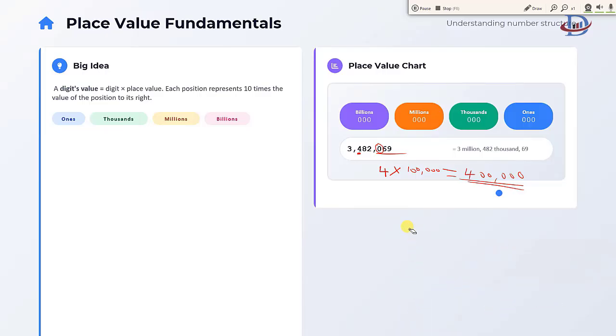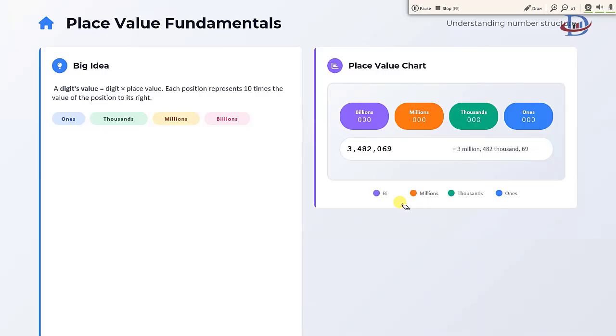So don't forget the basic mathematical concept that any number times 0 equals 0, but any number times 1 equals that number.